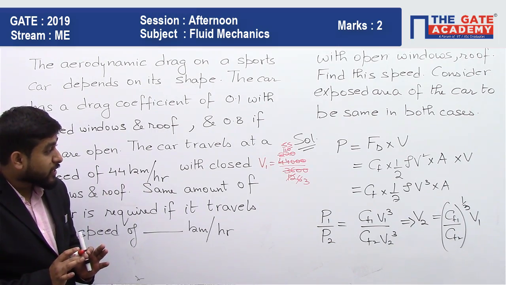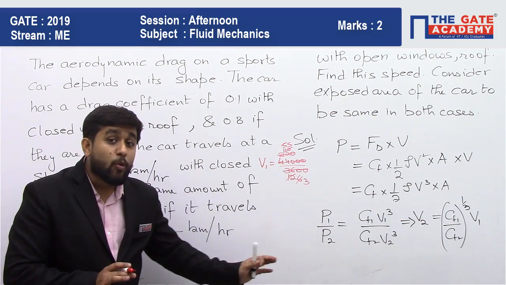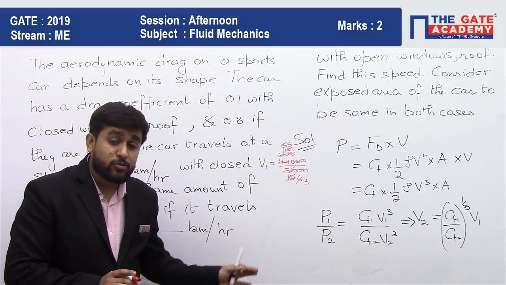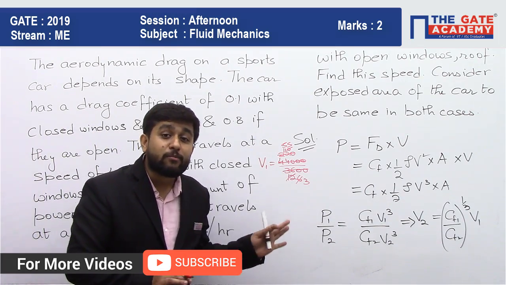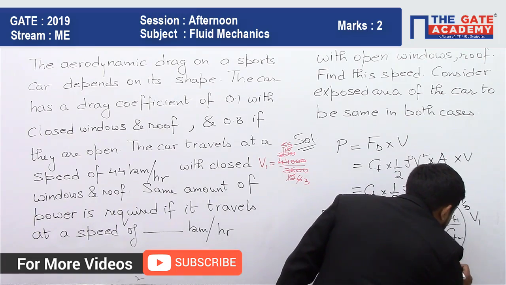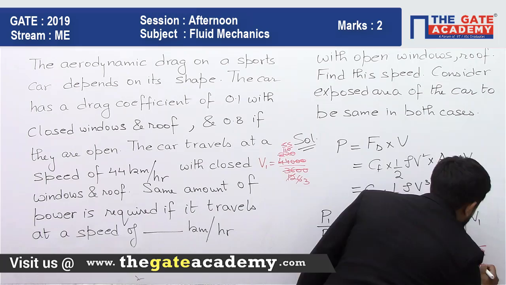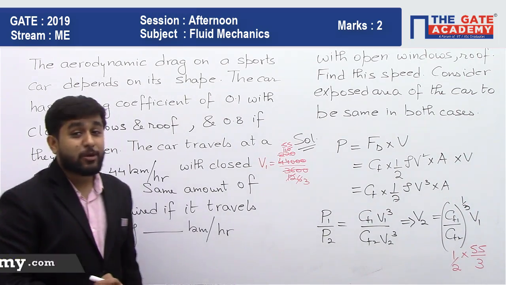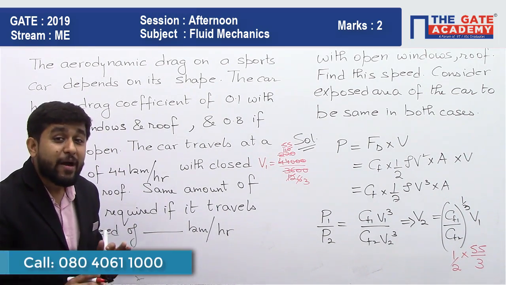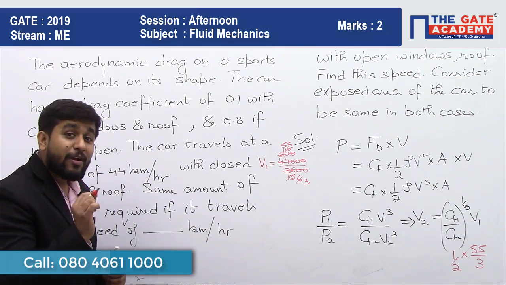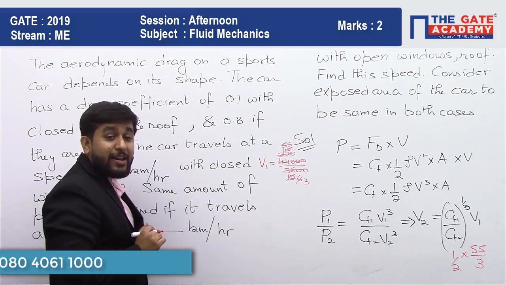Correspondingly, Cf1 is 0.1 and Cf2 is 0.8, so the ratio is 1 by 8. So the cube root will be 1 by 2. So V2 will be 1 by 2 into 55 by 3, which is 55 by 6 meter per second. Now you have to convert this into kilometer per hour also.